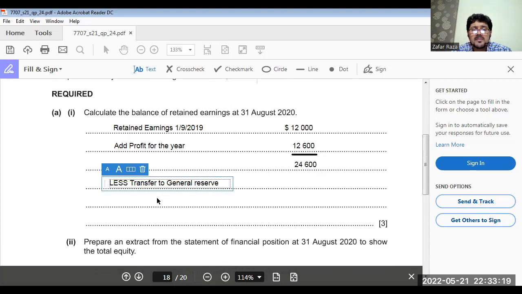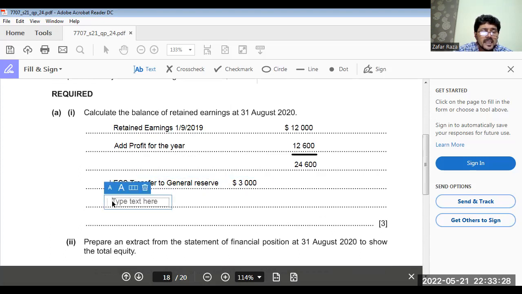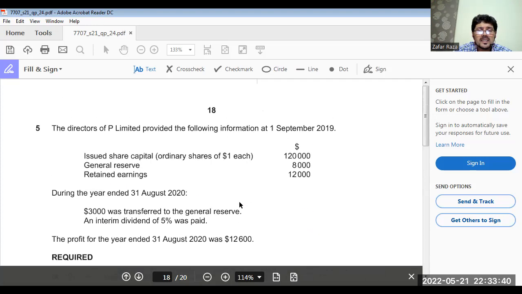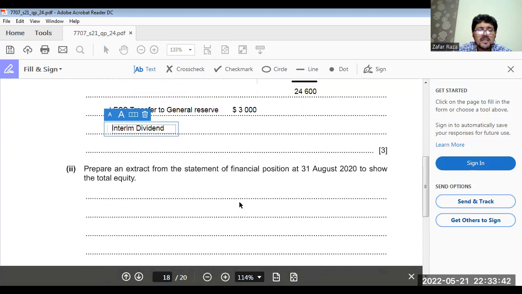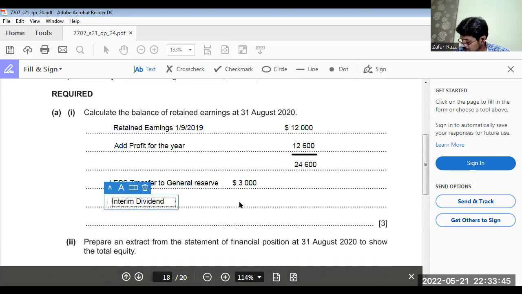And next is interim dividend 5%. 5% is how much? 120,000 multiplied by 5%, 6,000.